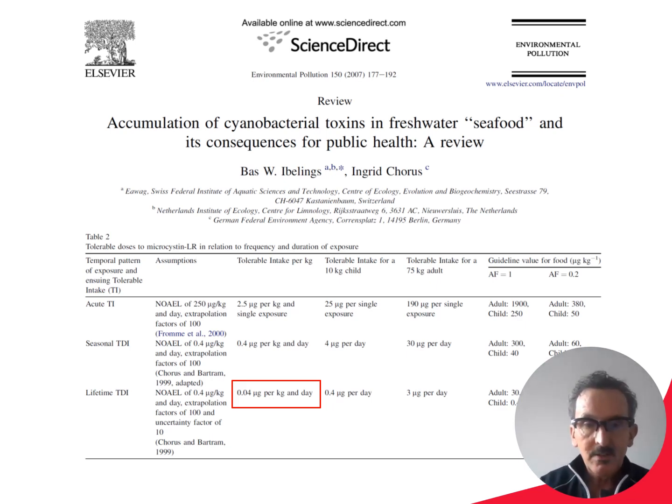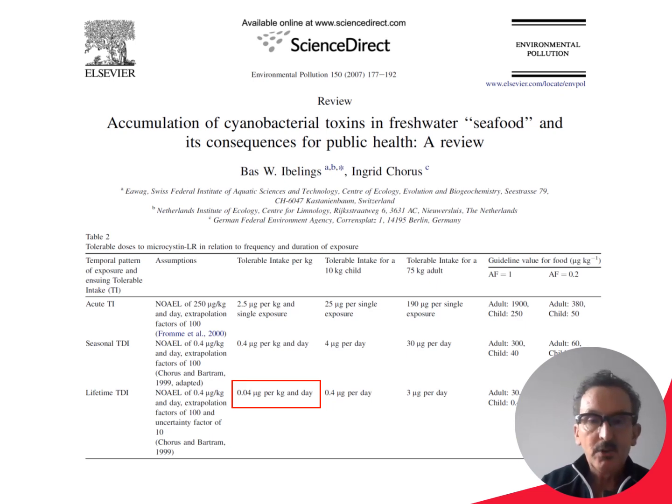And for that reason, for the seasonal TDI in the middle of the table, we say we can take out one uncertainty factor of 10, because the extrapolation from a short-term experiment of, say, 10 weeks to lifetime exposure is not needed here because it's a short-term intake anyway. And then taking an uncertainty factor of 100, the TDI is 0.4 instead of 0.04.